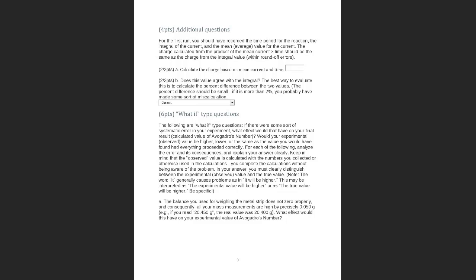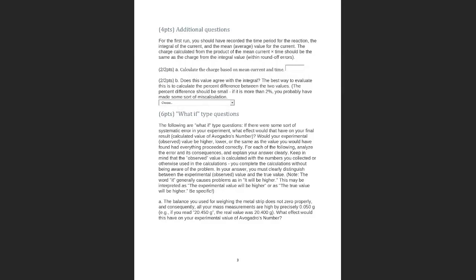So you need to be specific in your answer. Either you say the experimental value is higher than the true value, or you say the true value is higher than the experimental value. The observed or experimental value is the value that you calculated with numbers that you collected. And the true value is the one that we accept.